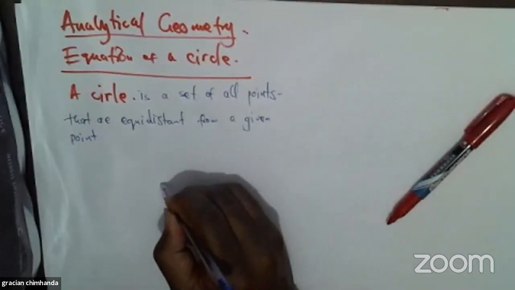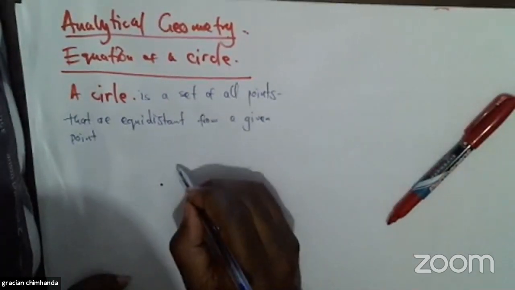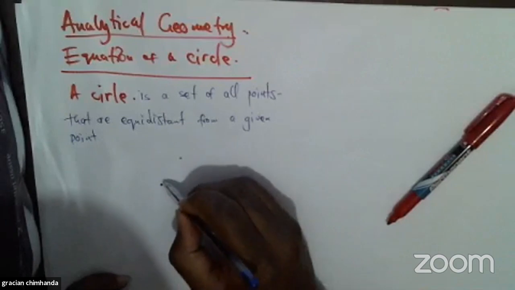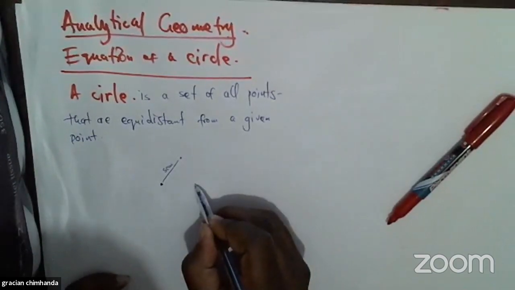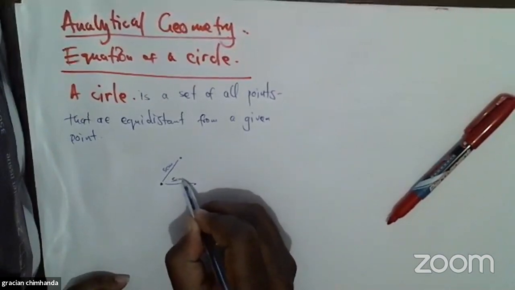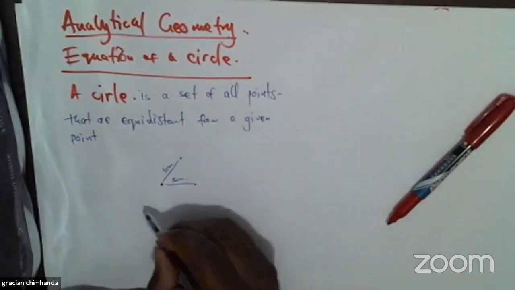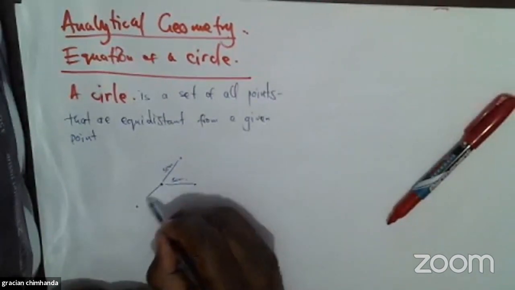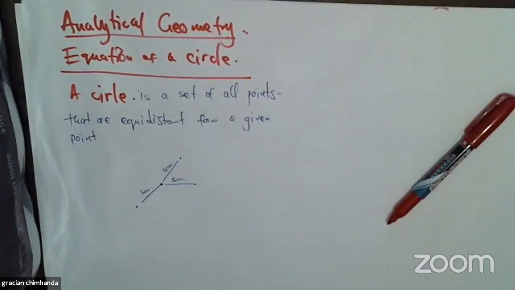If I am going to create a circle, it means if this is 5 centimeters and this is also 5 centimeters, it is part of the circle. If I have another point here, which is 5 centimeters, it is also part of that circle.